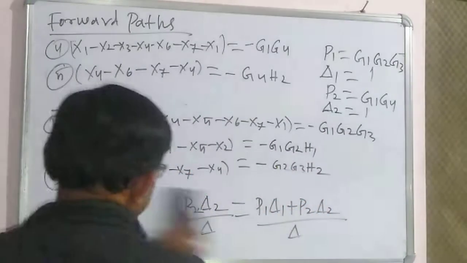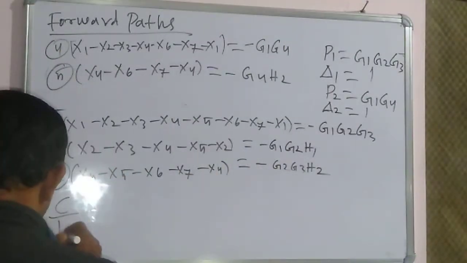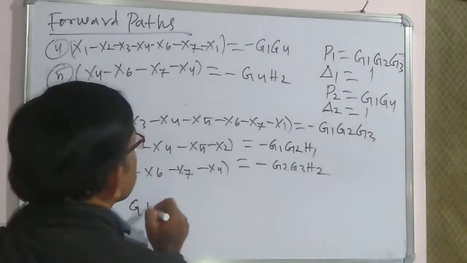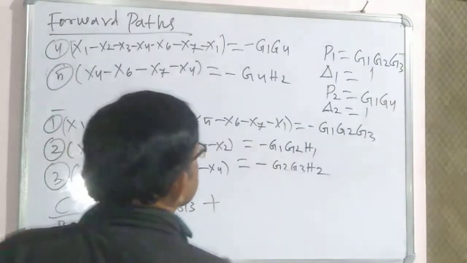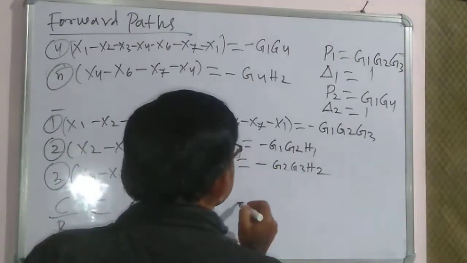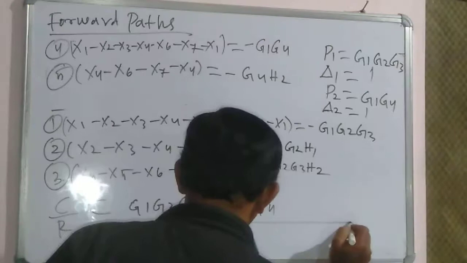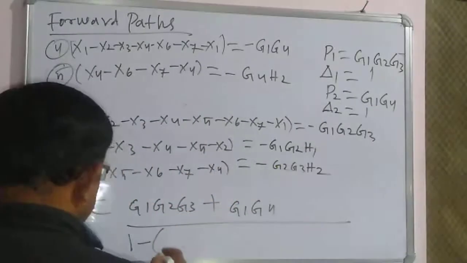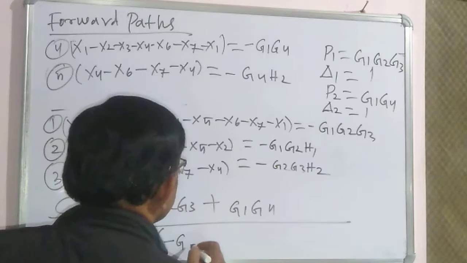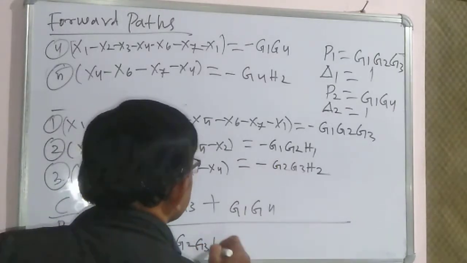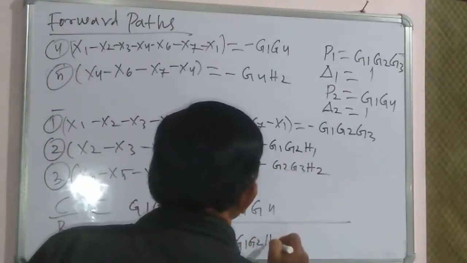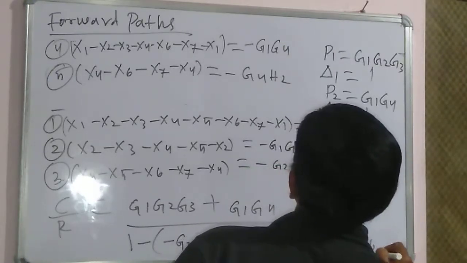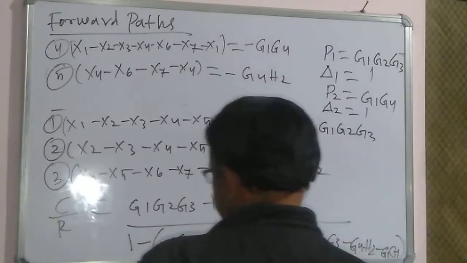So now C by R is equal to P1 delta 1, G1 G2 G3, plus P2, G1 G4, over 1 minus the gain product of all single loops: minus G2 G3 H2 minus G1 G2 H1 minus G1 G2 G3 minus G4 H2 minus G1 G4. So this is the right answer.